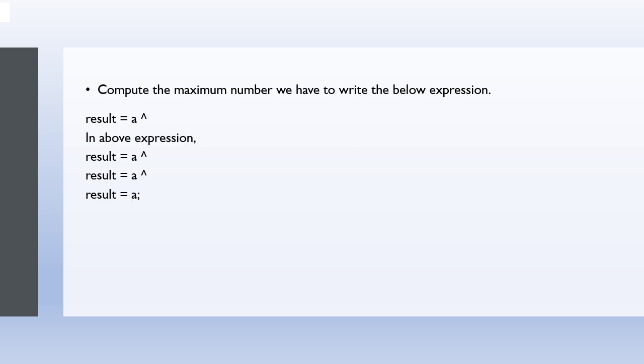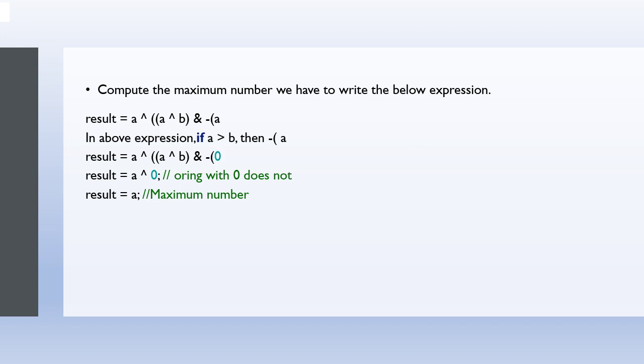In the above expression, if a is greater than b, then it becomes 0, right? So same, XORing with 0 does not affect, so the result is a, that is the maximum number will be produced.